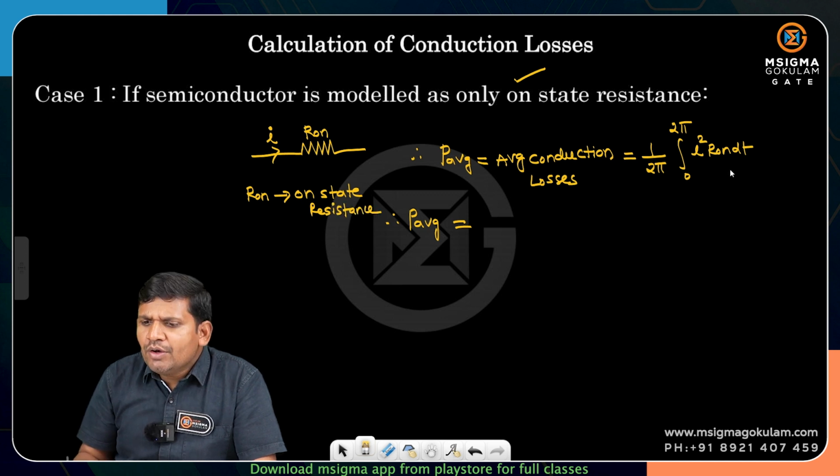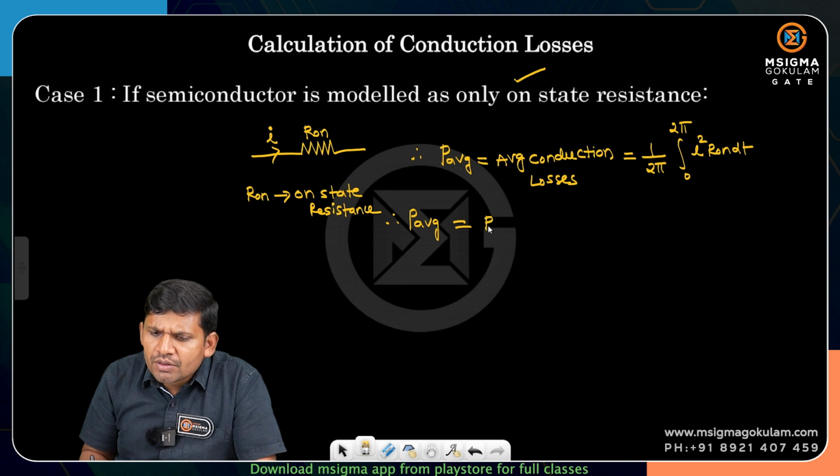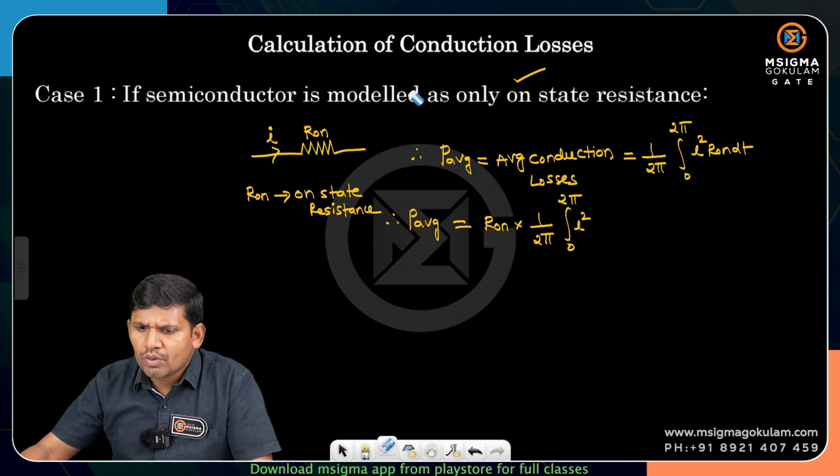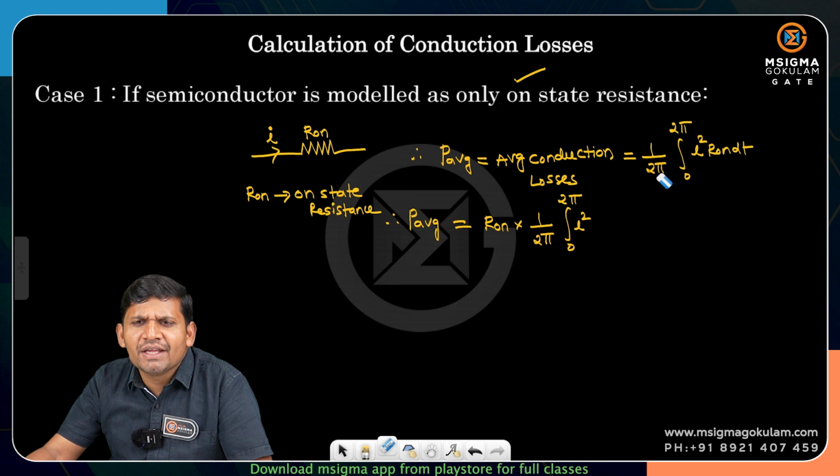Since it is constant, we write R on into 1 by 2 pi integral 0 to 2 pi I square d omega t, or you can write 1 by T integral 0 to T I square R on into dt.